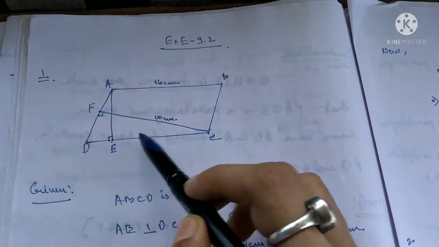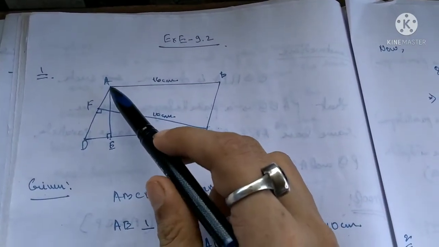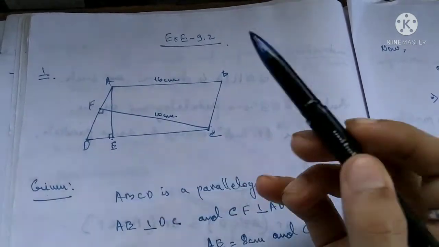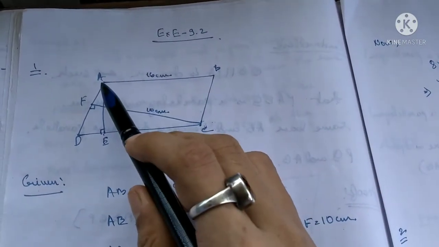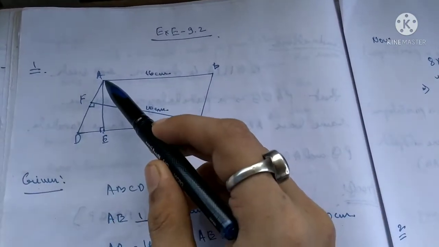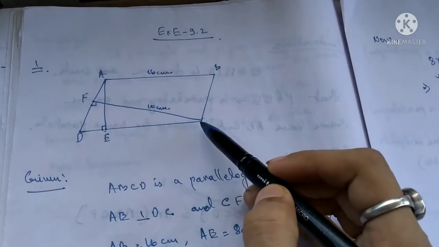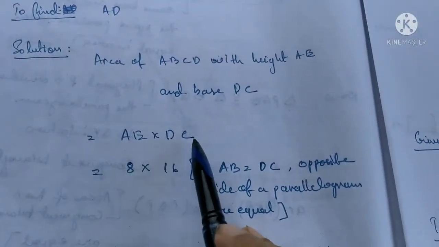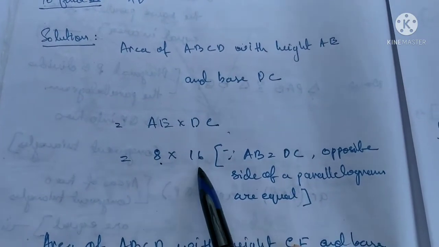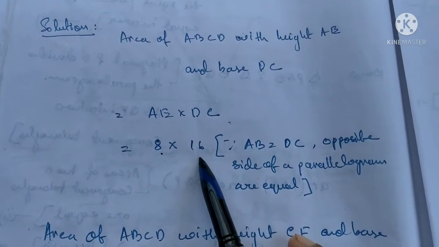Height into base or base into height, whatever you say. AE value is given, DC value is also given.